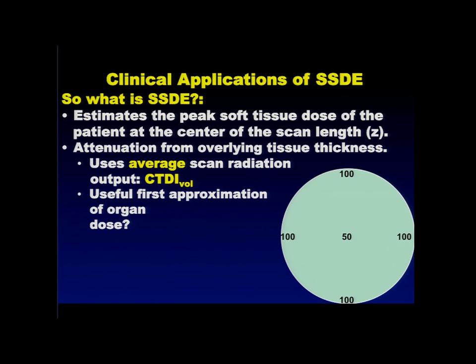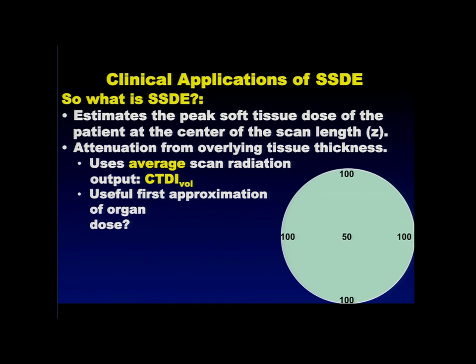Now, the people that did TG111, I won't actually name the one culprit, but the one culprit has said to me, well, SSDE is crap because CTDI vol is crap. And if you start with crap, you wind up with crap.